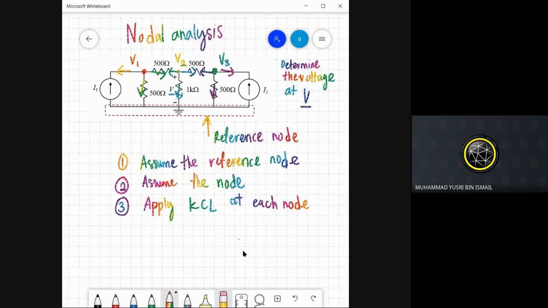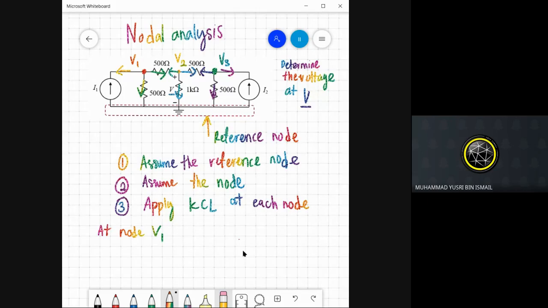Now I will start the calculation. At node V1, you will see the current flowing outside of the node.